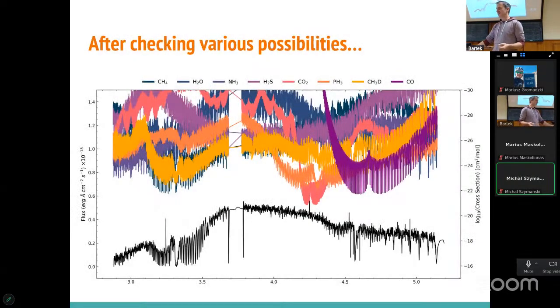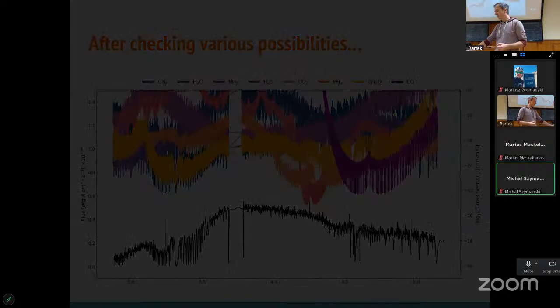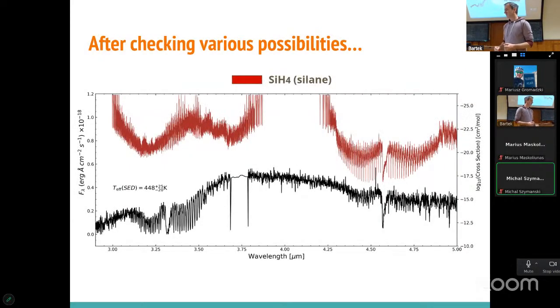So after checking various possibilities that are included here in this colorful plot, we finally found a good candidate, we think, which is the silane molecule. So a silicon and hydrogen compound.